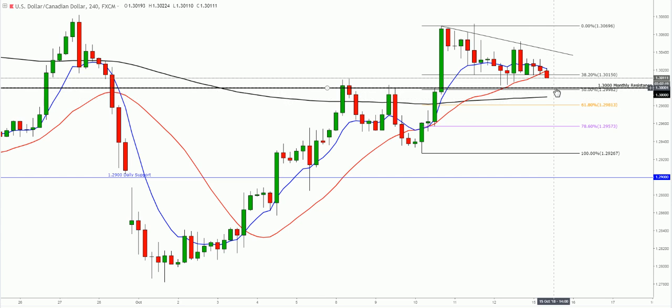But as I said, wait and see what happens around this region, because there is a lot of confluence, a lot of support here. Personally, I'm staying away from this market for trades because it's just too choppy. Potential for both downside and upside moves. I'm just going to sit on my hands here, wait to see what happens around this major key level.